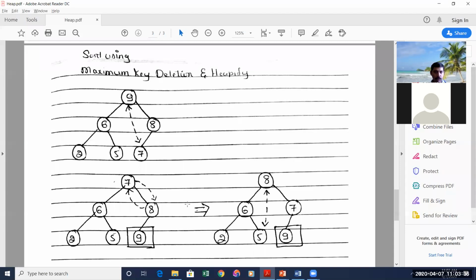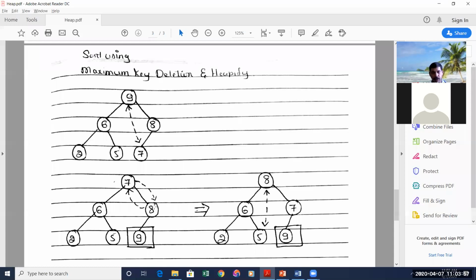After that, you have to apply the heapify algorithm and check whether the parental dominance for this 7 holds. 7 is bigger than the left child, but 7 is lesser than the right child.